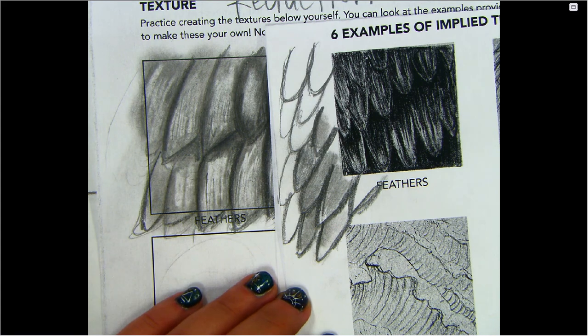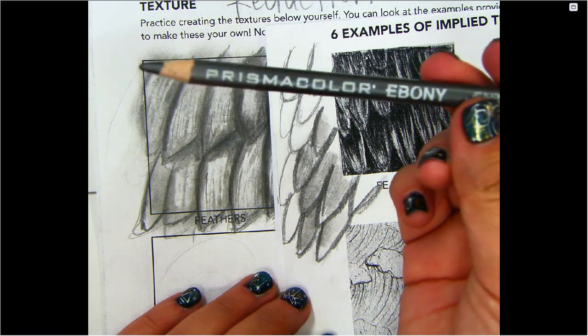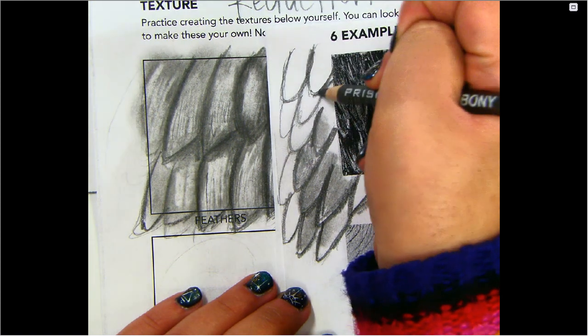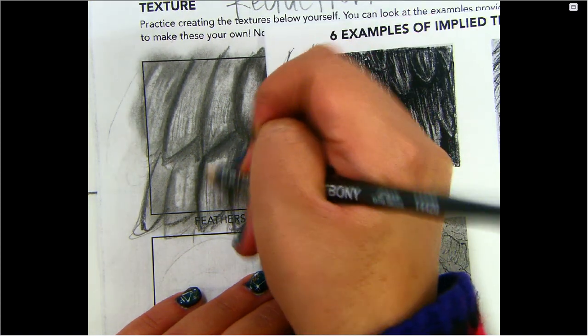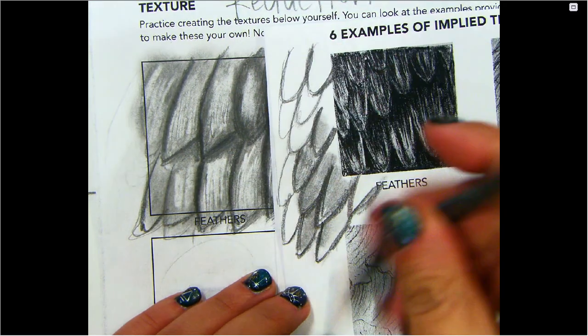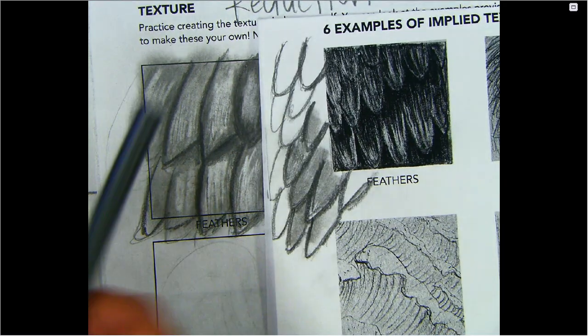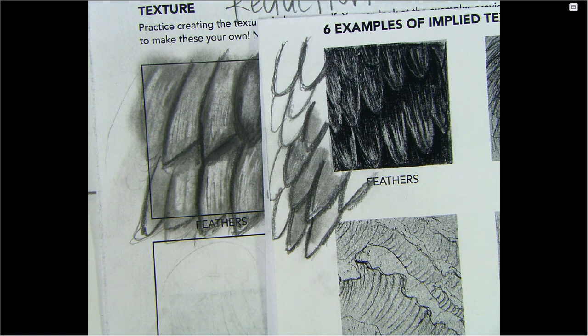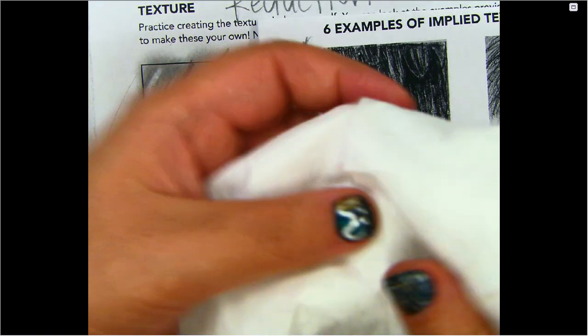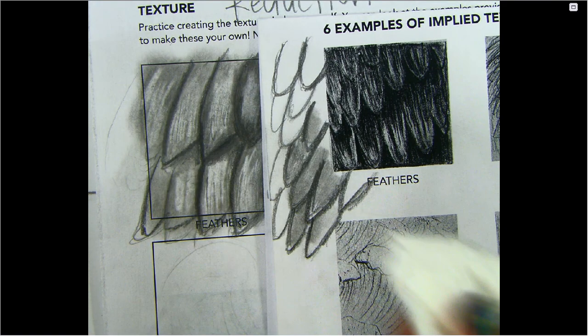If you did purchase the art kit, it also came with the ebony pencil. So you could use this for the darker areas, like the shadows, the darker areas over here on my page. Now, if you don't have the tortillon or you don't have the blending stick, that's okay. Instead of using this blending stick, you can use a tissue paper, a piece of tissue, a napkin, your finger also, okay?